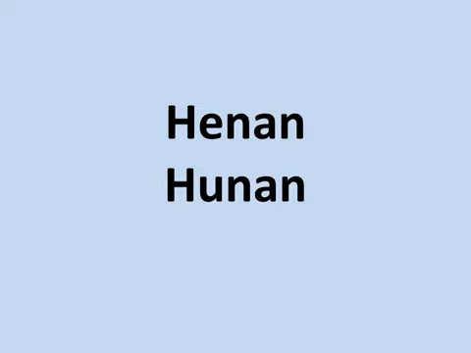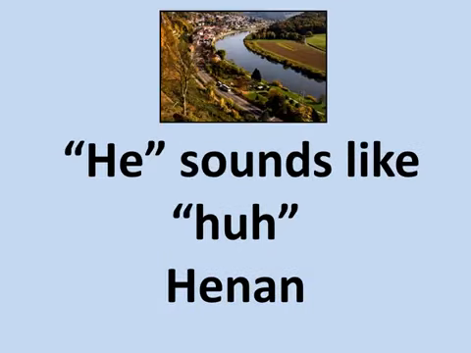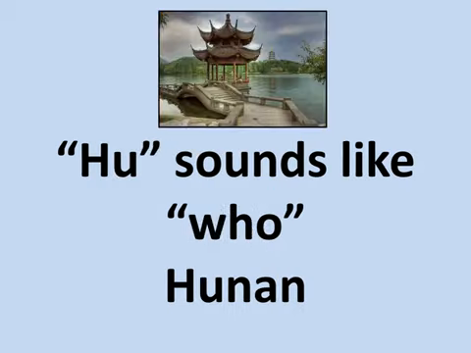Listen to the names of these two provinces. 河南, 湖南. Notice that he is not pronounced as he. This Chinese word for river sounds more like he. 河南. The Chinese word for lake sounds like hu. 湖南.